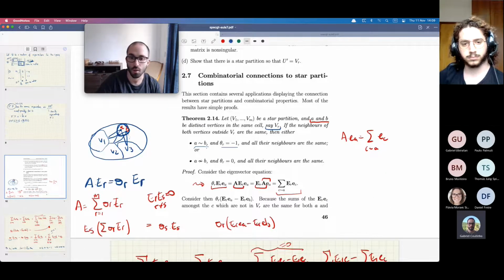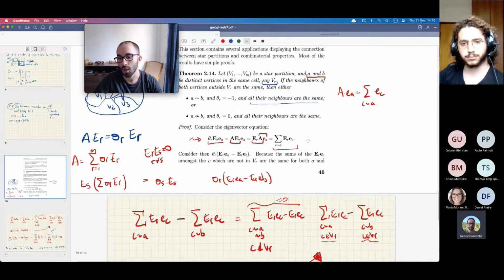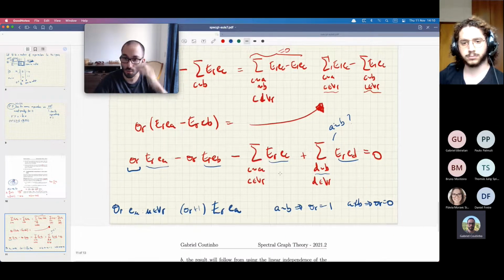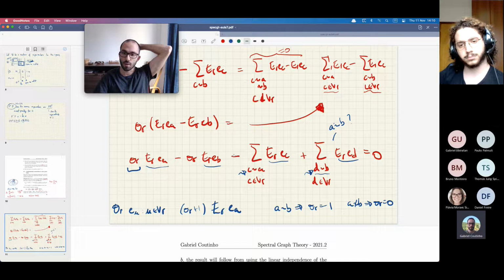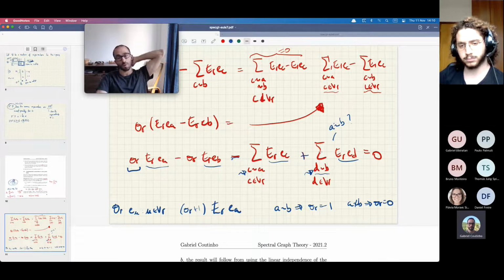Which is exactly the two conditions of the lemma. And this one here follows immediately if you realize that all coefficients must be equal to 0. So whichever neighbor appears here must also appear here, so that this minus 1 cancels with this plus, and everything becomes the trivial linear combination. So this is yet another application of the fact that if you get linearly independent vectors and they sum to 0, all of the coefficients must be equal to 0.